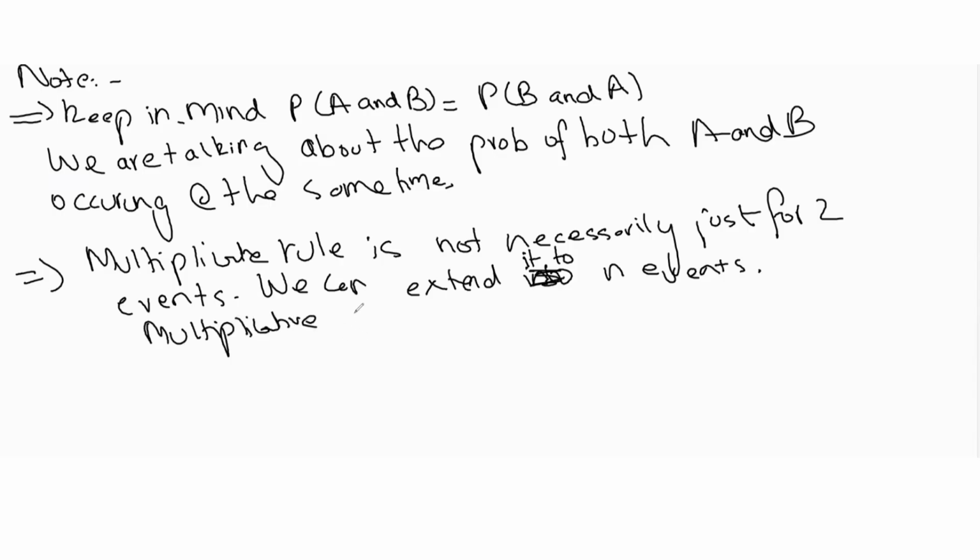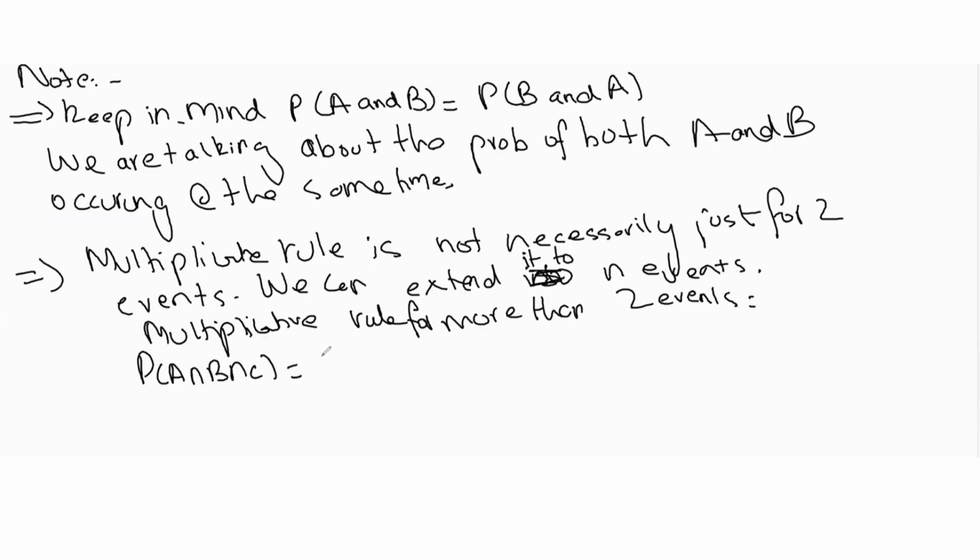So let's look at the multiplicative rule for more than two events. If I want to find the probability of A intersection B intersection C, applying the multiplicative rule, we can write it as probability of A times probability of B given A times probability of C given A intersection B. So this is the probability of the intersection of three events.